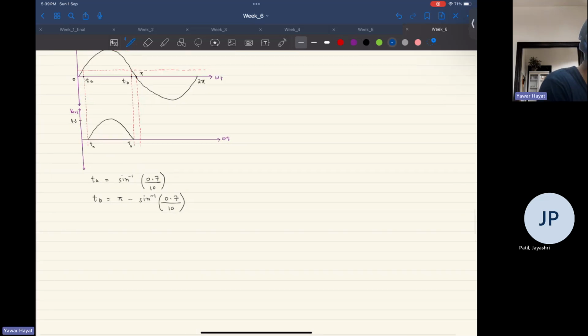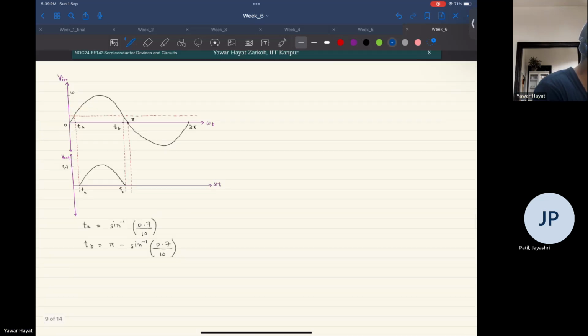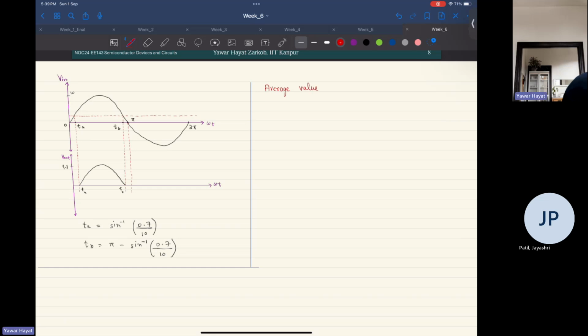Now coming to the main part of the question. Average value of V out. What is the average value of V out?